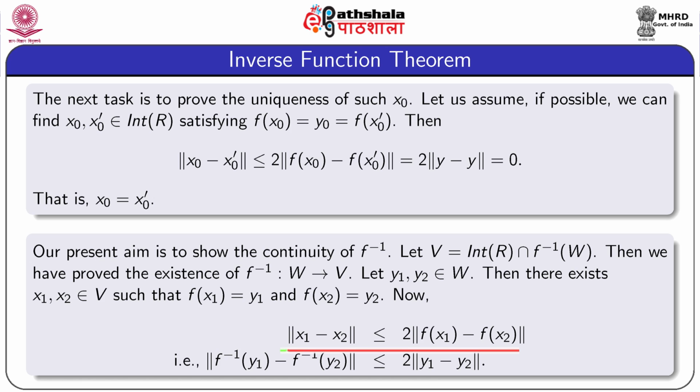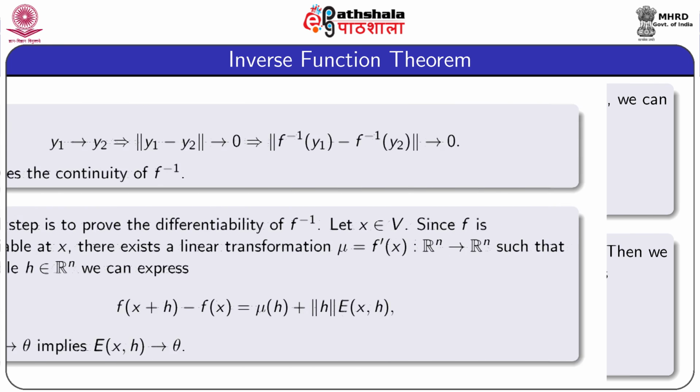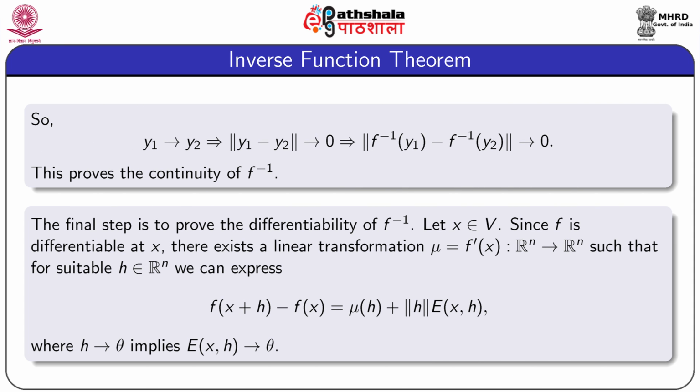Now, norm of x1 minus x2 is less than or equal to twice the norm of f(x1) minus f(x2). In other words, norm of f inverse y1 minus f inverse y2 is less than or equal to twice the norm of y1 minus y2. So, y1 approaches y2 implies norm of y1 minus y2 approaches 0 from the right.